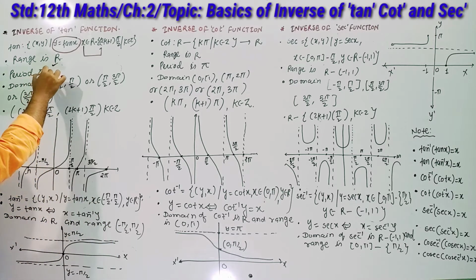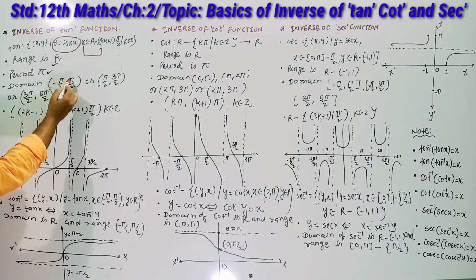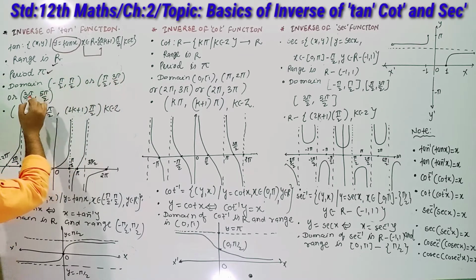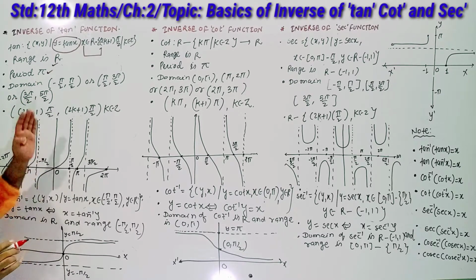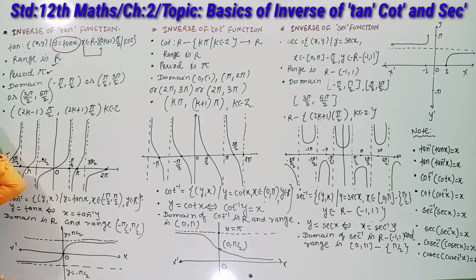Its period is pi, meaning after pi it repeats its waves, repeats its path. So we can define the domain as minus pi by 2 to pi by 2, or pi by 2 to 3 pi by 2, or 3 pi by 2 to 5 pi by 2. All these are in the positive direction. Similarly, you can define them in the negative direction.